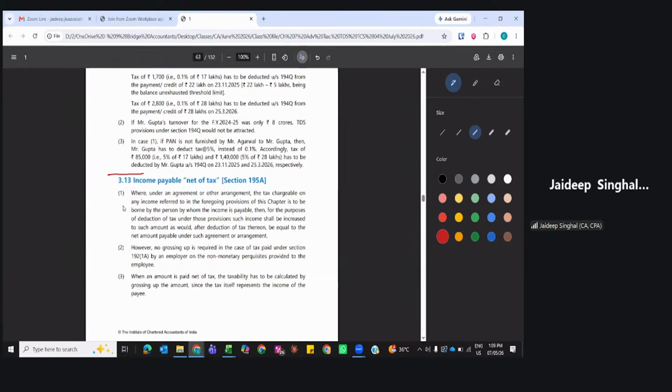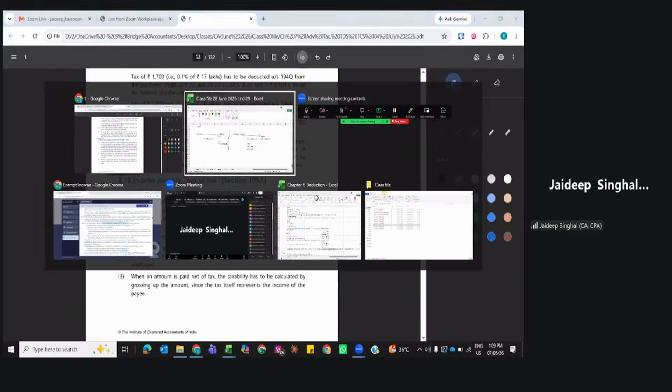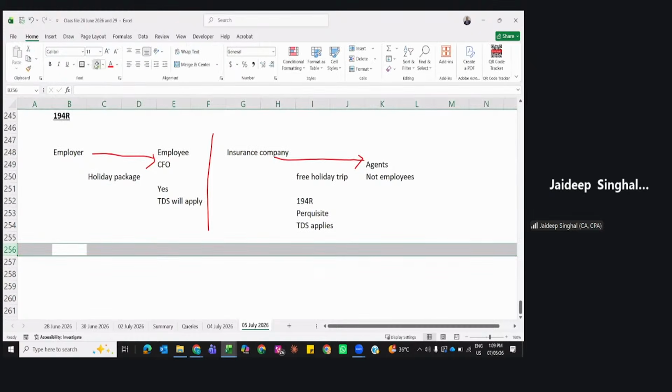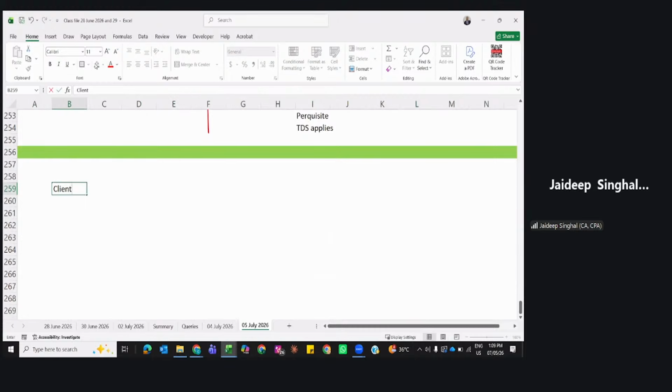Next, income payable net of tax, 195A. Now tell me, if a client is paying the CA 1 lakh, they will pay 90,000 to the CA.